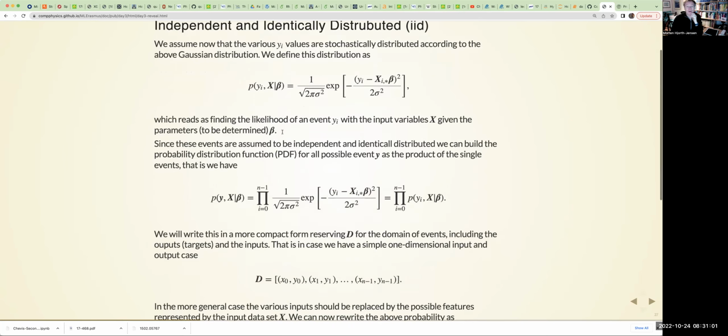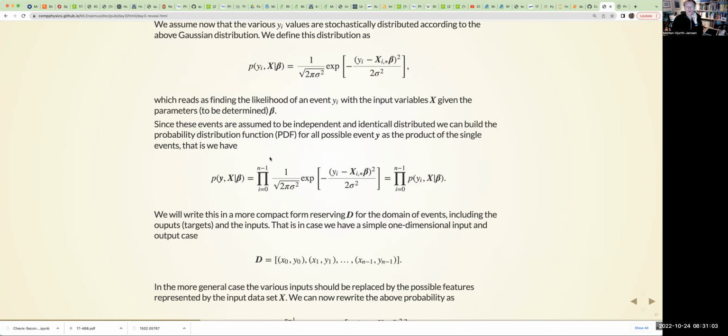By that, we can construct what we normally call the total probability distribution for all the events y and x with a given beta. So this vertical line here is normally read as "given" a parameter beta. So what is the likelihood for y with a given x and given beta?